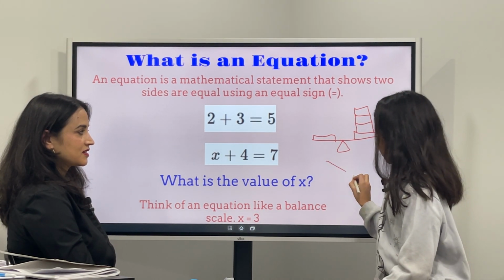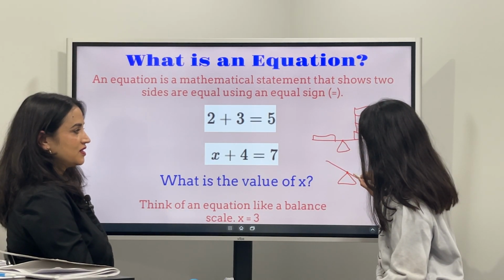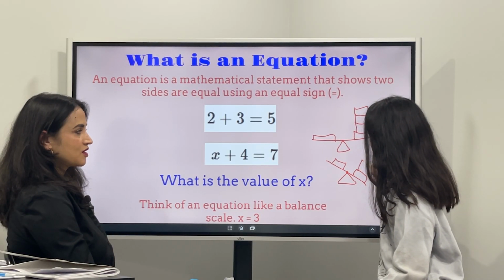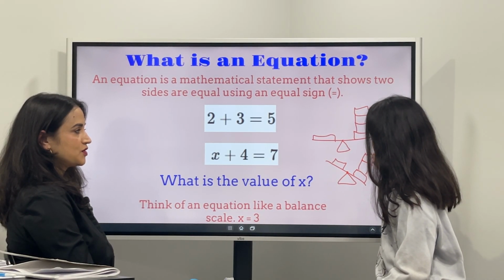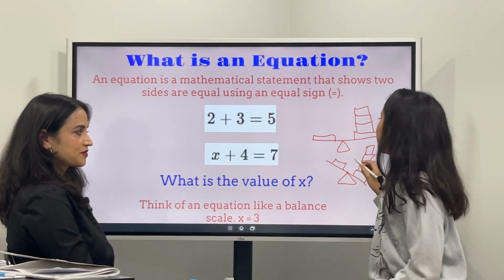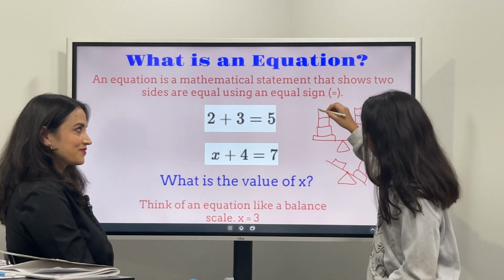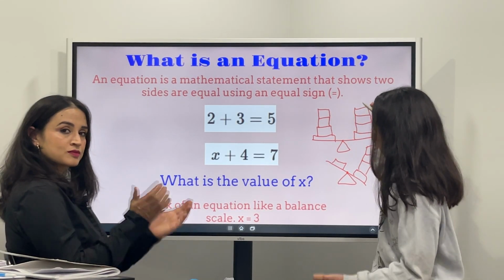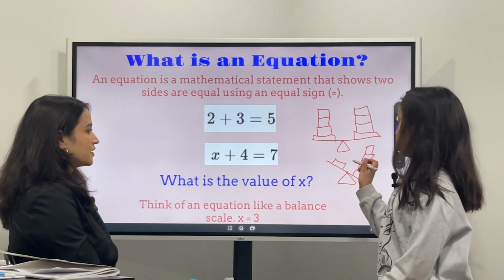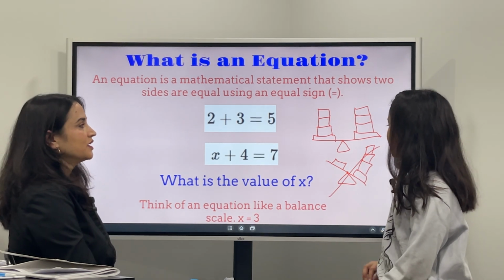Because it has more load here. So you have to make it equal. But if we add 3 blocks to this side, it's going to be equal. So that's what equations are like. Not like this. That's greater than and that's smaller than.